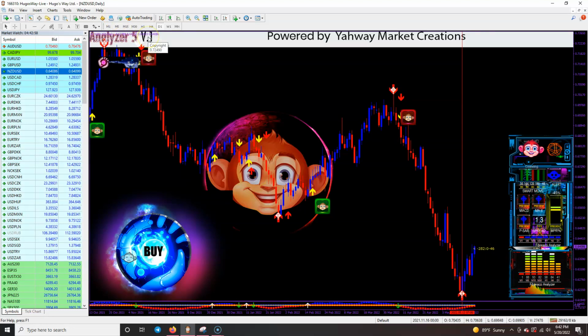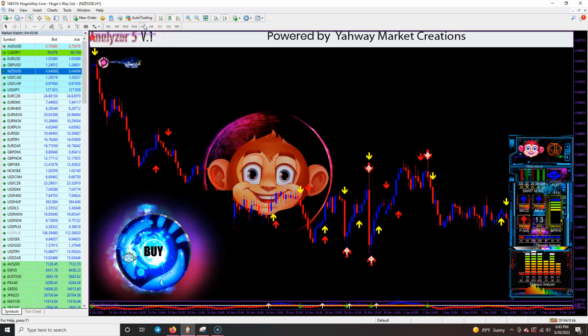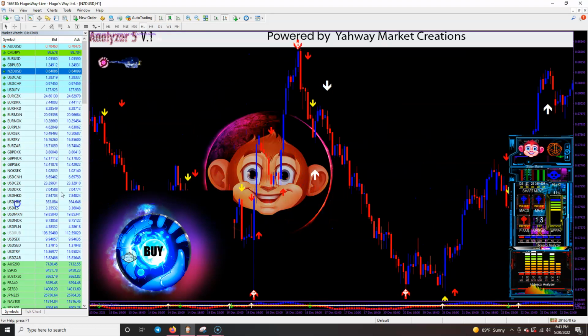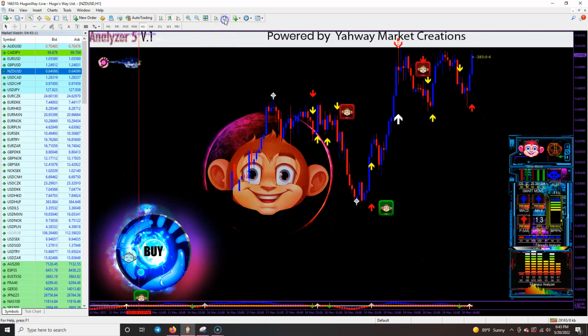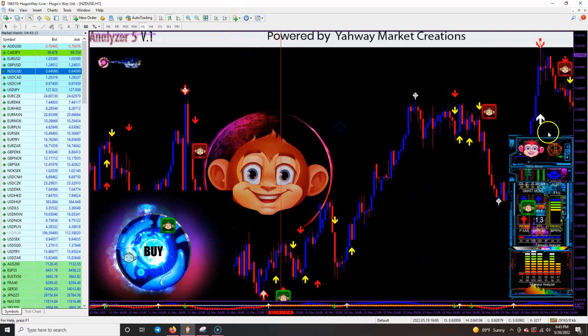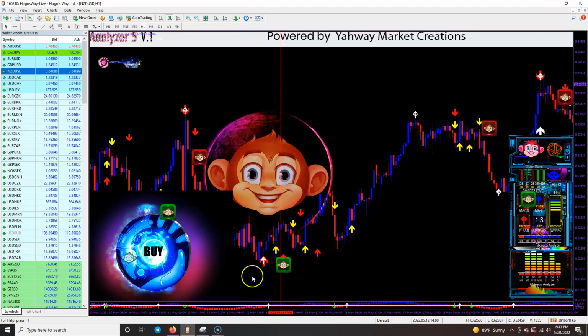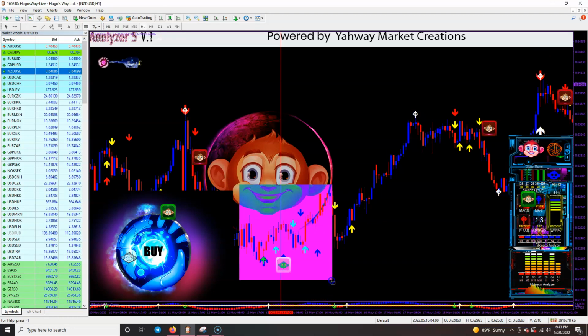We always want to go with the daily. Now, we took that trade on the 1 hour, right? We drew a line, and the line here is when we took the trade.